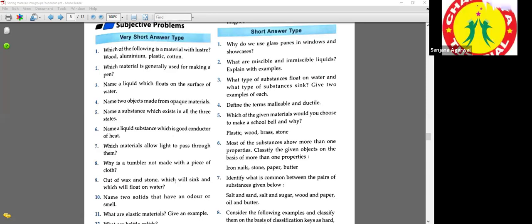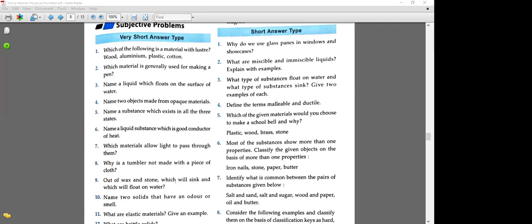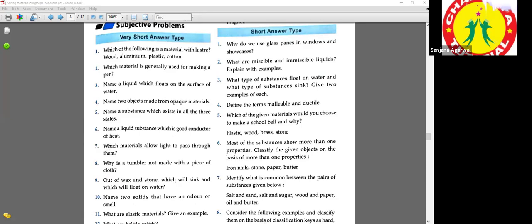No, see, if we select the same material, suppose we make a ship completely of iron, and on the other hand, we take an iron nail. The nail would definitely sink, but the iron ship will float. Yes, ma'am. Now, the same material, just the difference in their shape and size, how does their density differ?